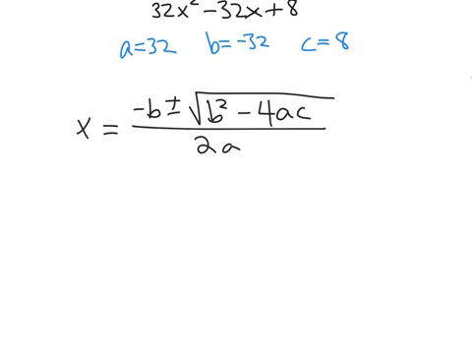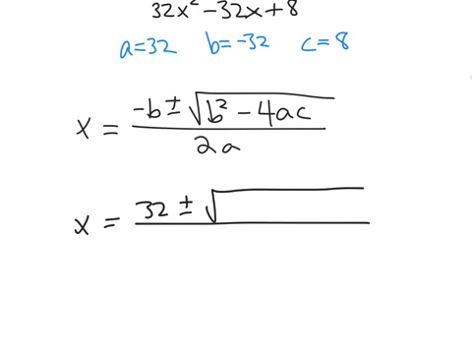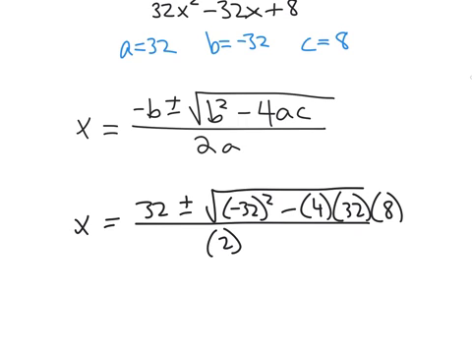And so now we're going to substitute. So you get x is equal to 32 plus or minus the square root of negative 32 squared minus 4 times 32 times 8. Goodness gracious, I'm definitely going to be needing a calculator here. And then down here it's going to be 2 times 32.